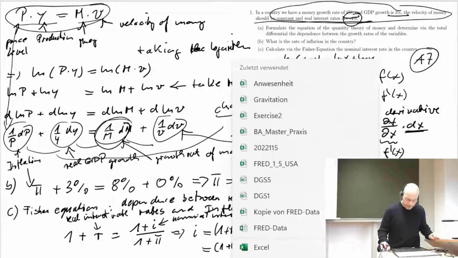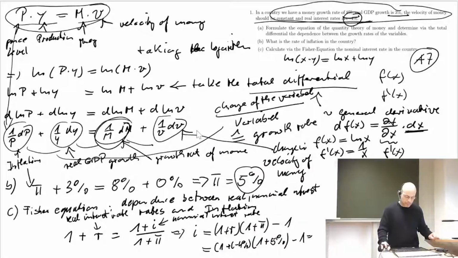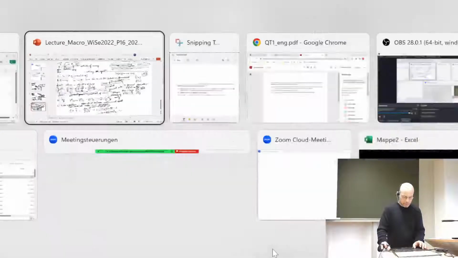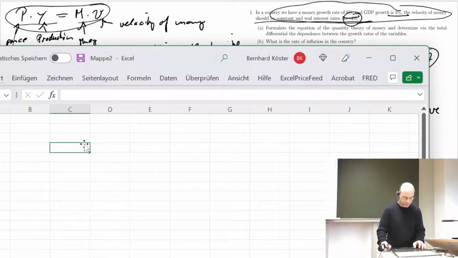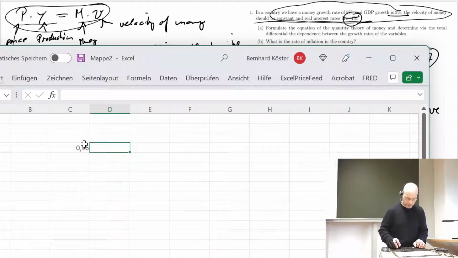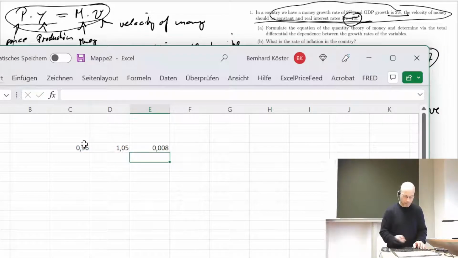I'm a lazy guy, so I use the calculator. I have 1 minus 0.04 and 1 plus 0.05, and this times this minus 1 is 0.8%.